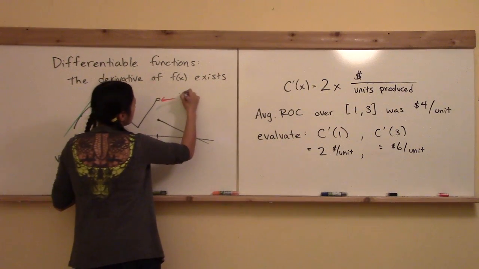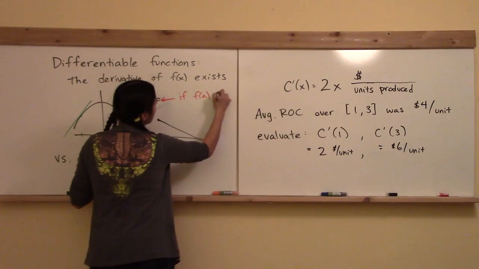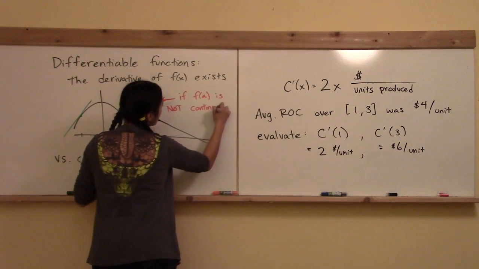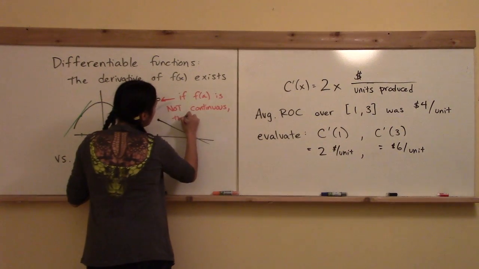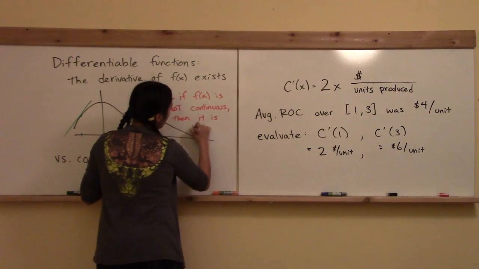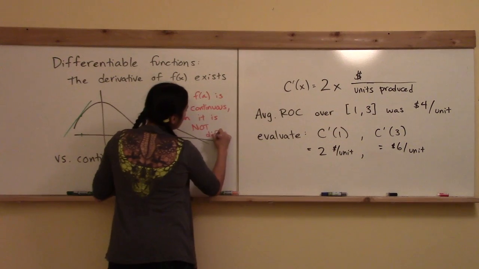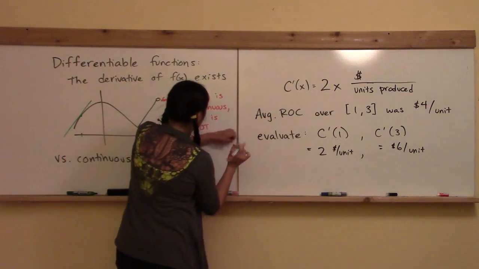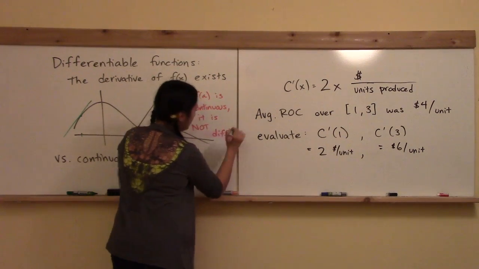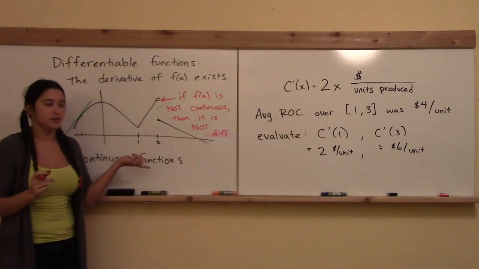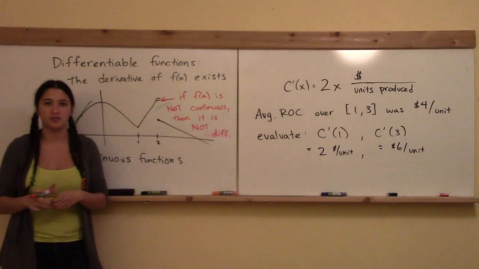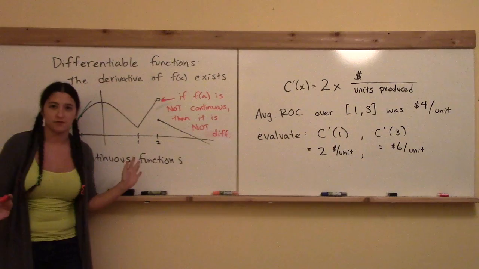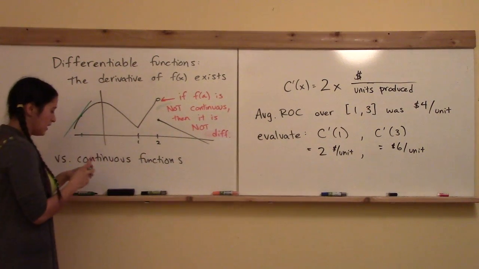If f of a is not continuous, then it is not differentiable. I'll just call it diff because I don't have enough room here. So this is one way to figure out if something is differentiable or not. If you know it's not continuous, forget about it. It's not going to be differentiable. That's an easy way to figure that out.